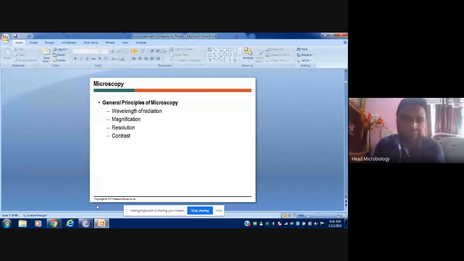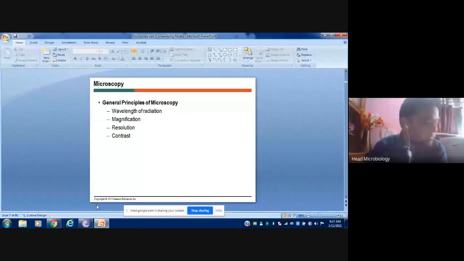How much the size of the image you got, and how much the size of the initial object is, the ratio between these two is called magnification. Otherwise we can also say the distance between the lens and image by the distance between the lens and the object is also magnification, V by U. Okay, that is magnification.